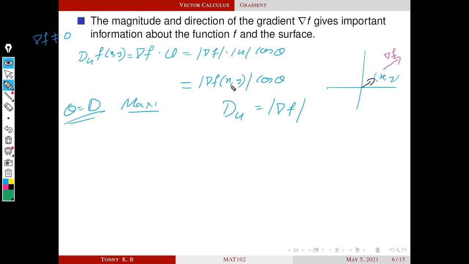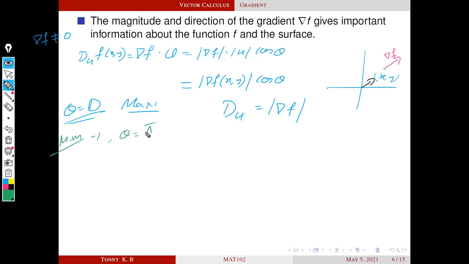This is fixed at a particular point, so the value depends only on cos theta. What is the minimum value of cos theta? We know that the minimum value of cos theta is -1, which occurs when theta equals pi. When theta equals pi, cos pi is -1.